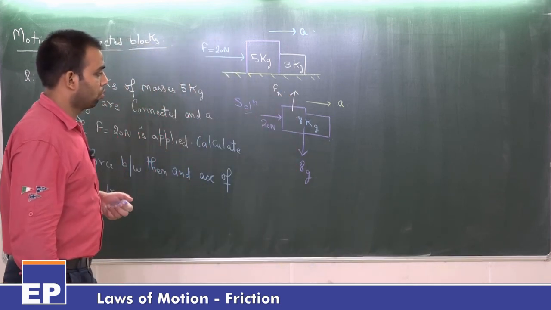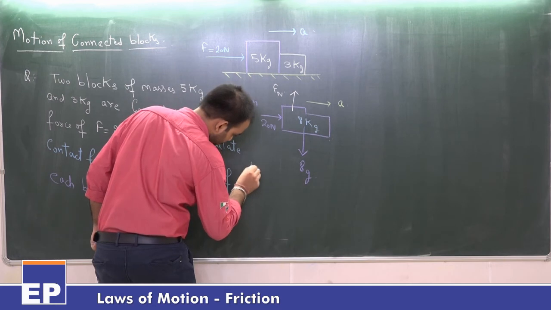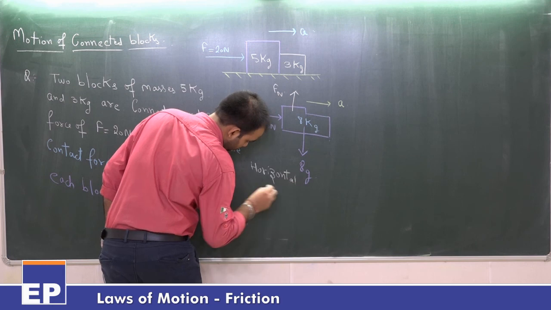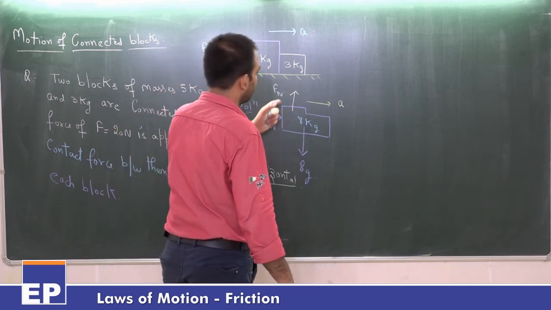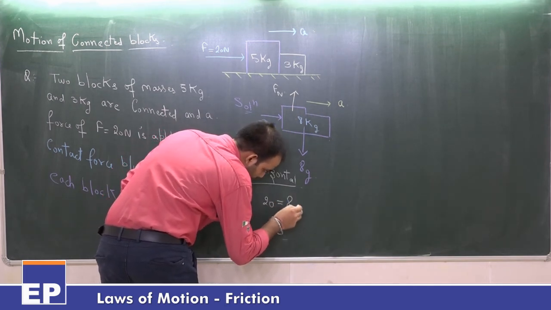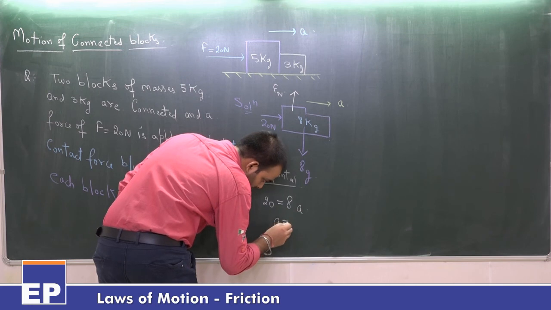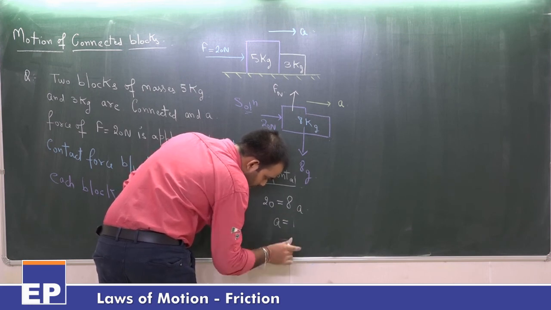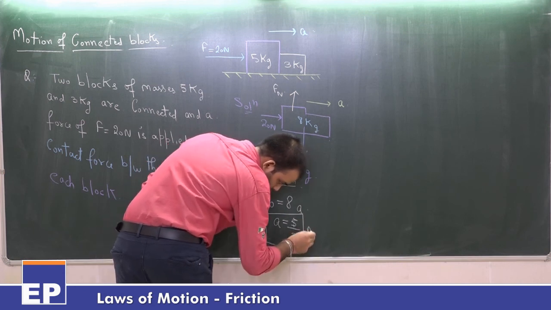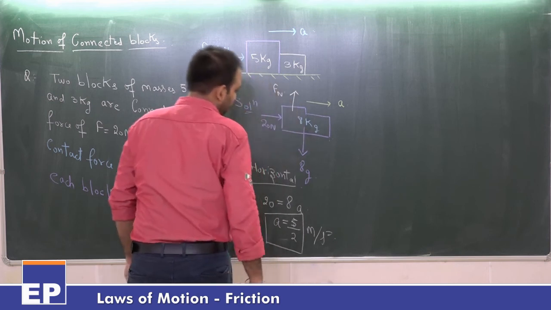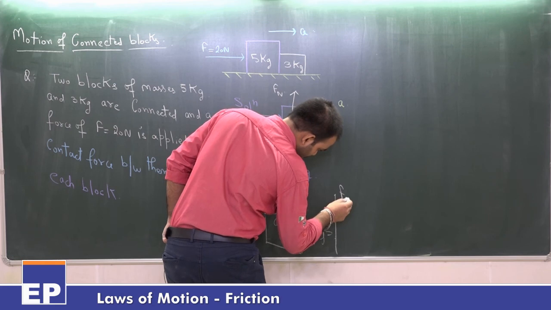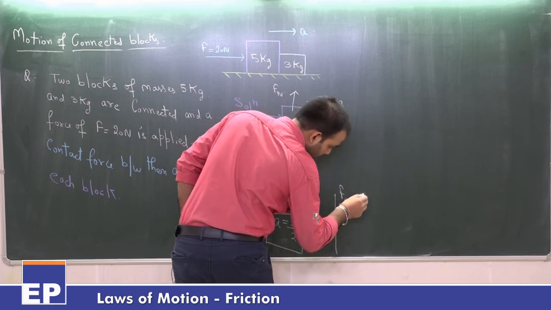Now, if we look at the horizontal only, this is equal to M into A. So A is 20 by 8, 5 by 2 meter per second square. If you want to calculate the total normal reaction, from the vertical, Fn will become equal to 8g.